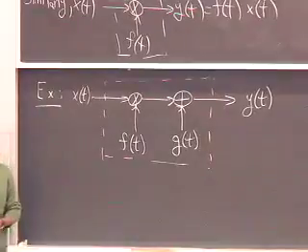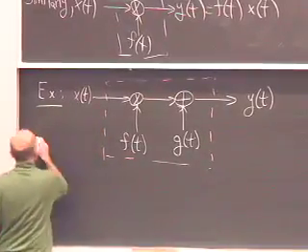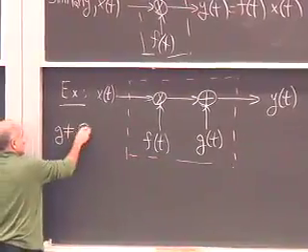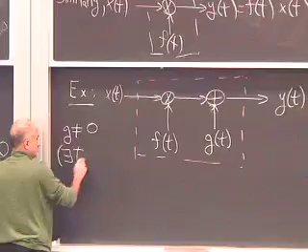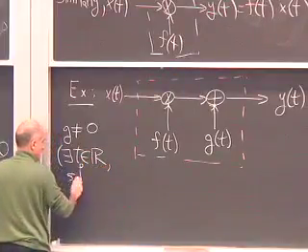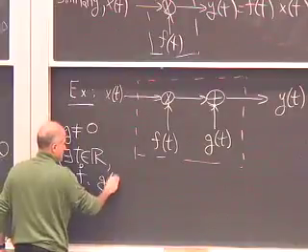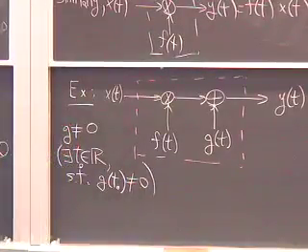This is my system in the red box. Okay? Where g is not 0. What that means is that there's at least some value t naught such that g of t naught is not equal to 0. Okay?